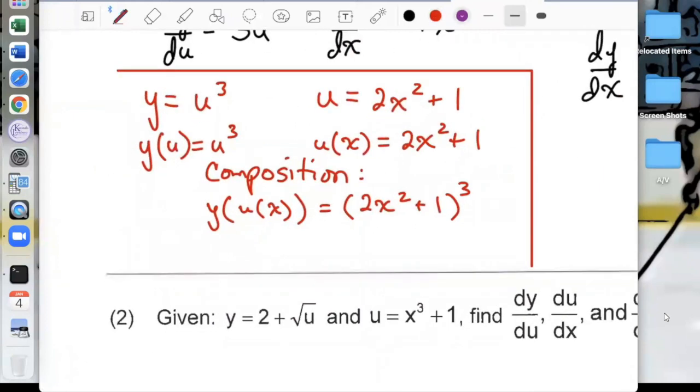What that's saying is that we're taking this function and replacing the u in the y function with that value. So now it's really a y of x, or you could just call it y, because it is the variable y in terms of a bunch of other things, but it's still a y. So that's the composition of the two functions.